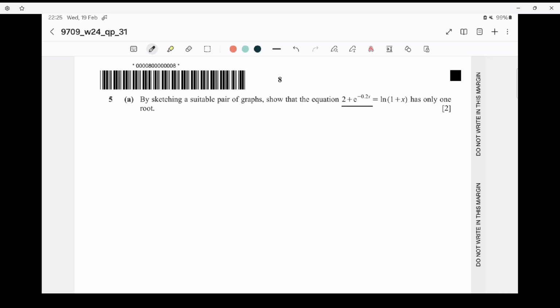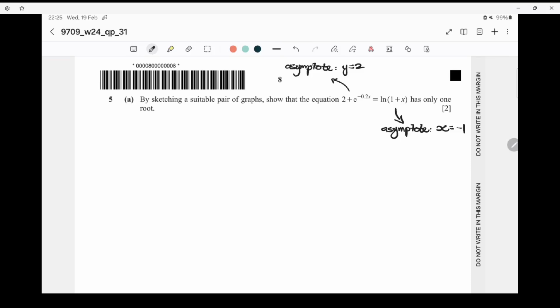So asymptote, okay, perhaps I will write it here. Asymptote y equals 2. This one, the asymptote is a vertical one, and this is a vertical asymptote at x equals -1.